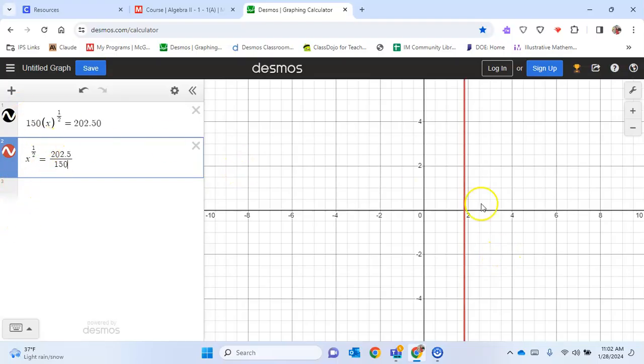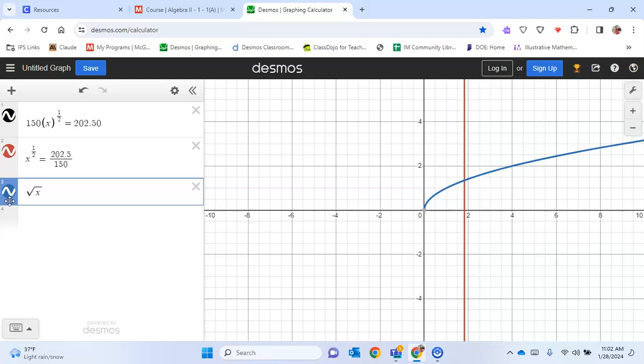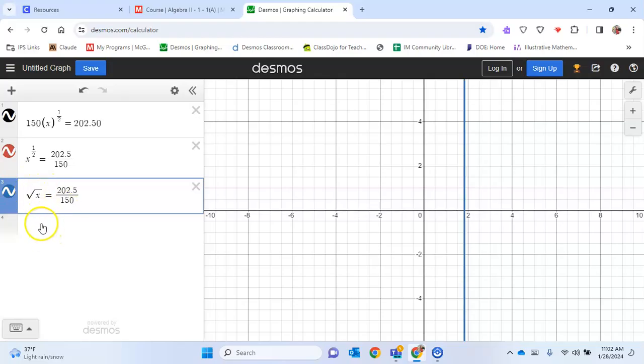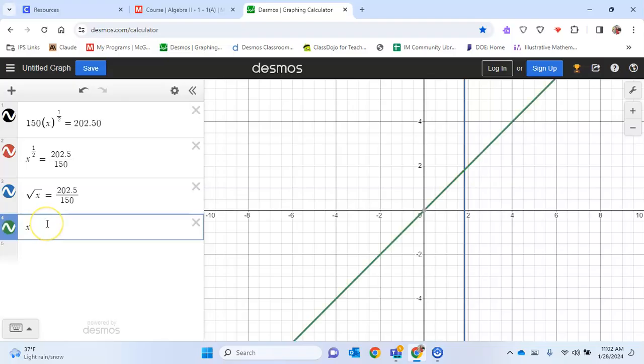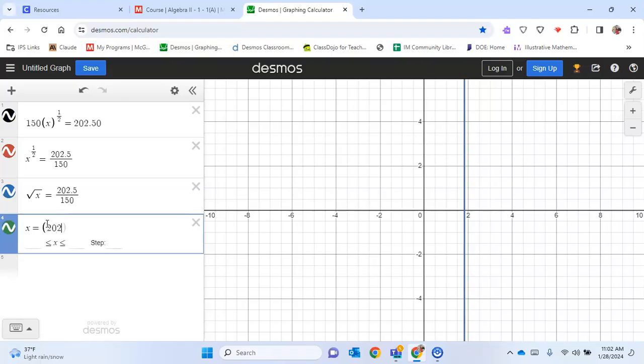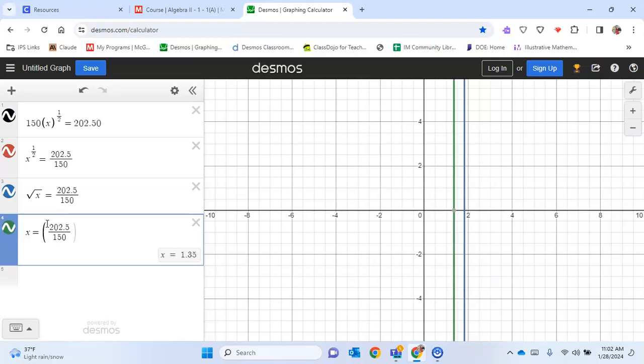You can see the answer is close to 2. x to the 1/2 is the same as the square root of x, equals 202.5 divided by 150. The inverse of square root is squaring. I square this side, I get x. I square this side, I get my answer, which is 202.5 divided by 150 squared.